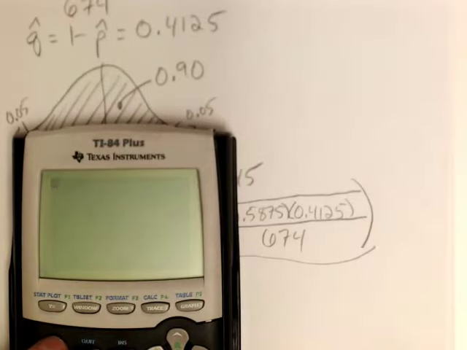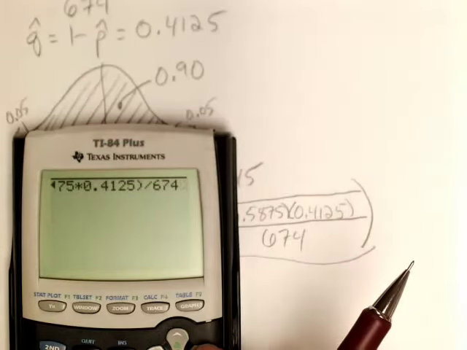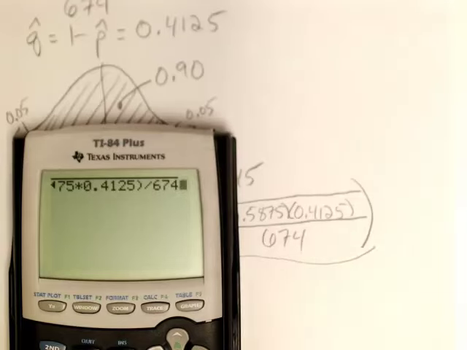So square root of 0.5875 times 0.4125. Close that parentheses. I'm still under the radical, and I want to divide that product by 674. I want to arrow out of that. That's just the radical part. And then I want to multiply that.